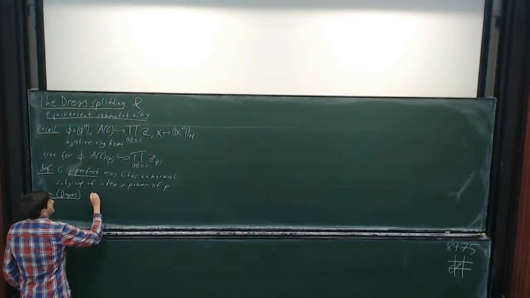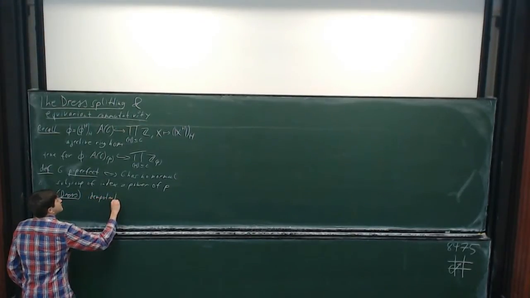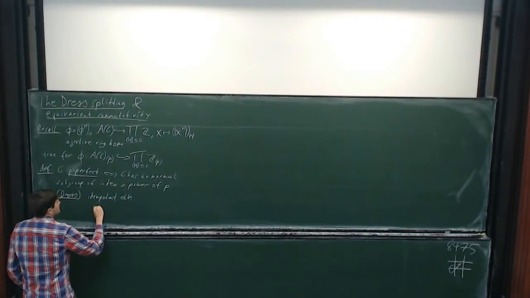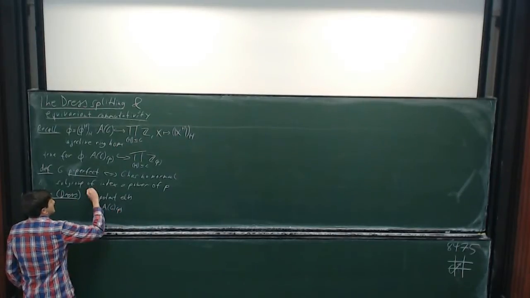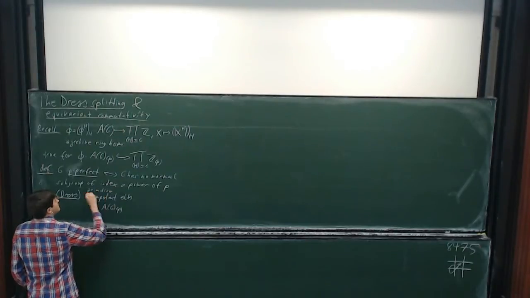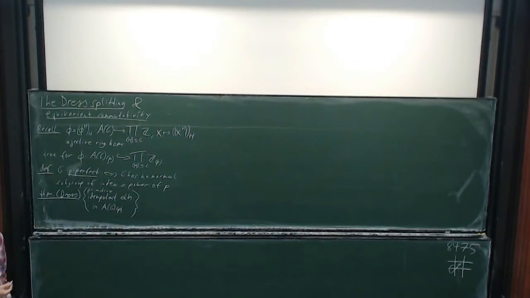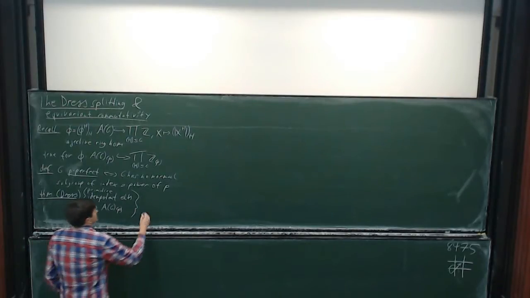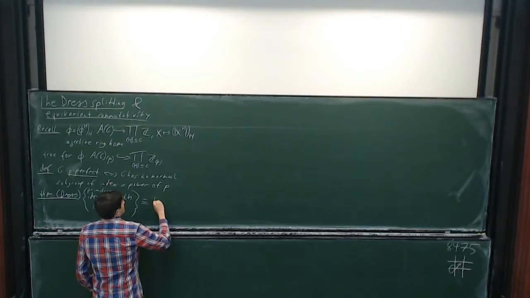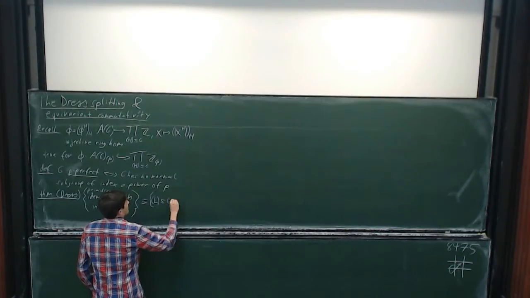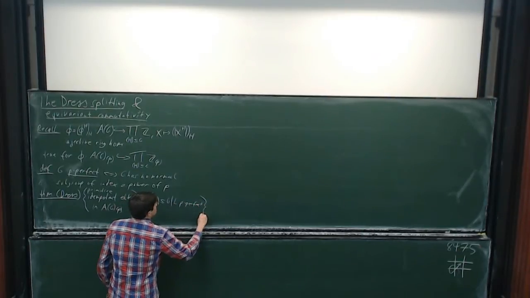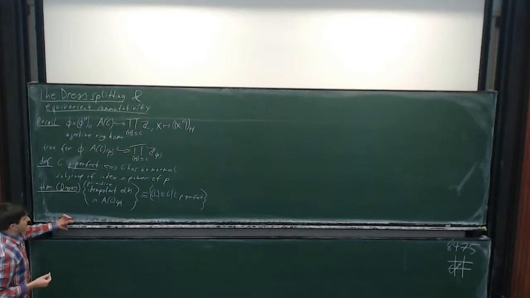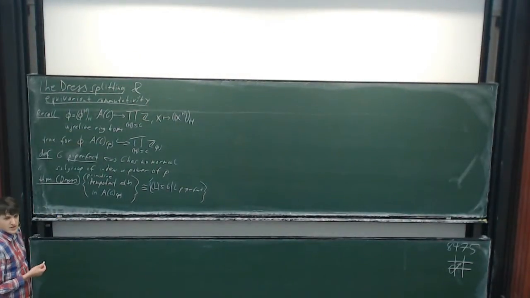If you care about idempotent elements in the p-local Burnside ring, and I guess I should say primitive idempotents here, so idempotents that we cannot write as a sum of other idempotents, then this is in bijection with conjugacy classes L of p-perfect subgroups of G. So there's a classification of idempotent elements in the p-local Burnside ring of a finite group. It's a bit more complicated for compact Lie groups, but we can do something about it.